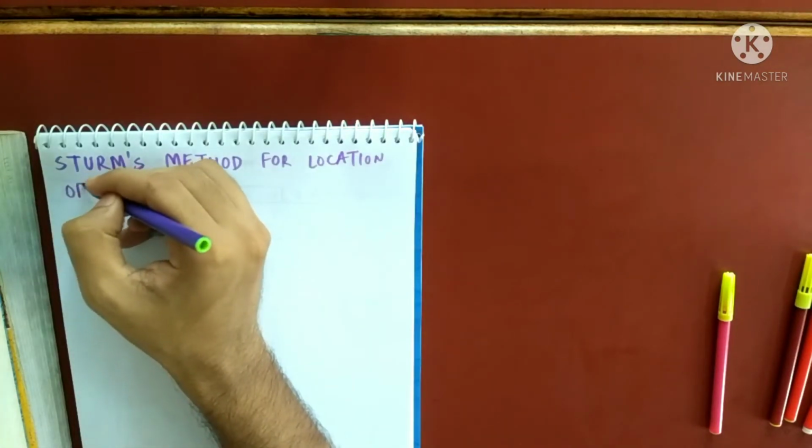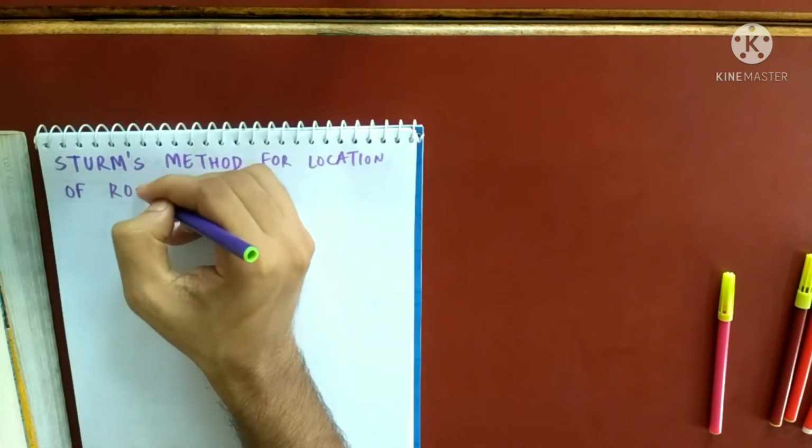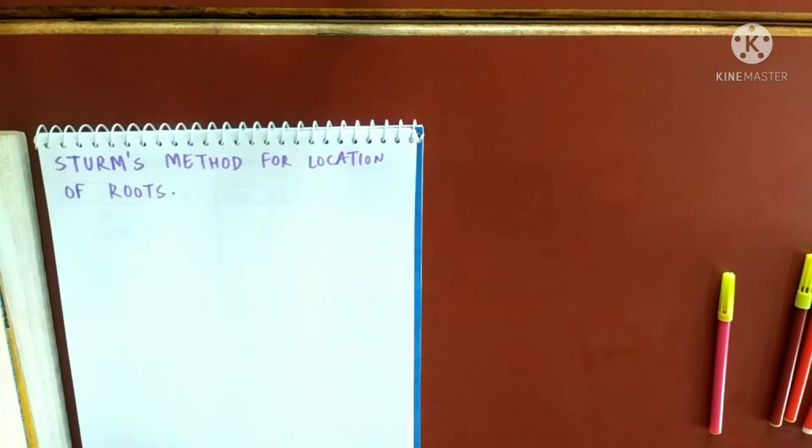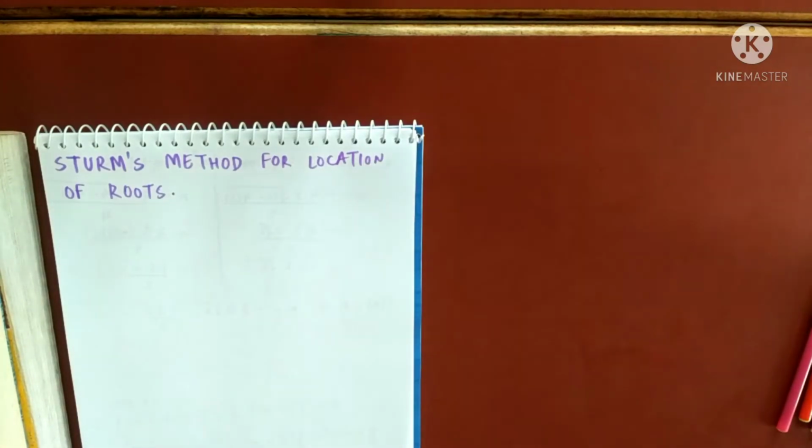Now this method will exactly give you the number of roots, and it will also give you where exactly the roots lie between two numbers, basically. So this method will be very, very powerful. The only problem is that it is a bit laborious. You have to work a bit.